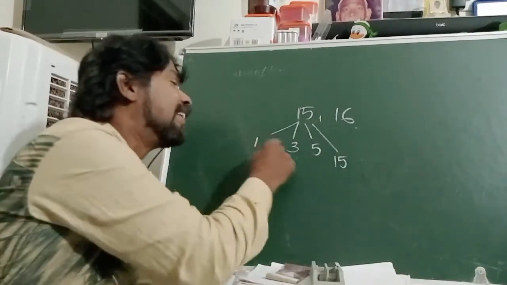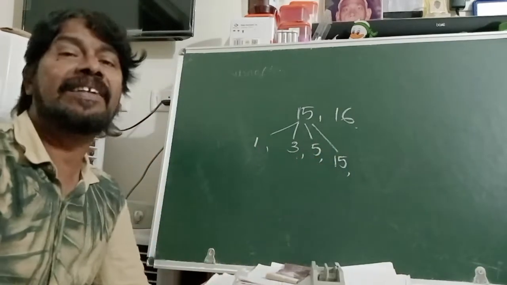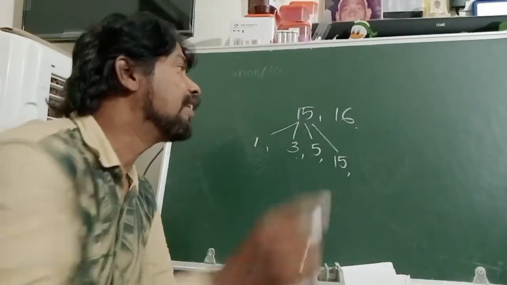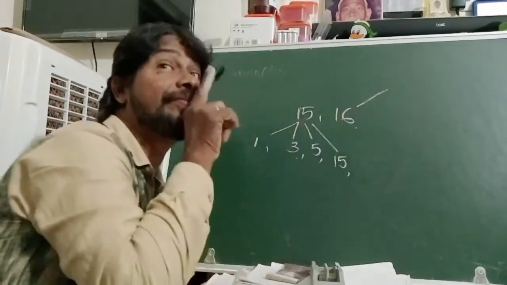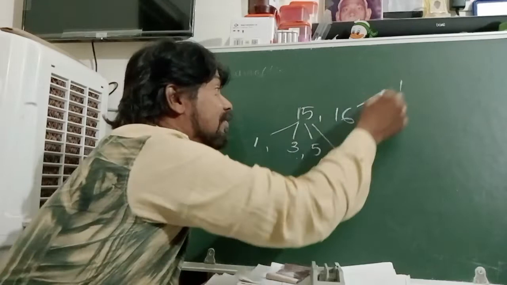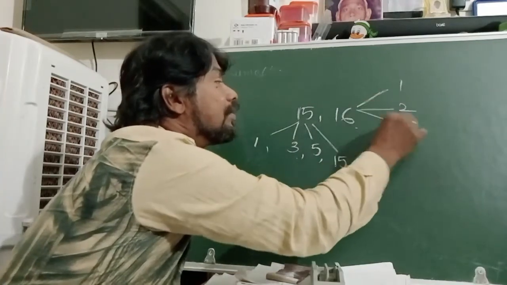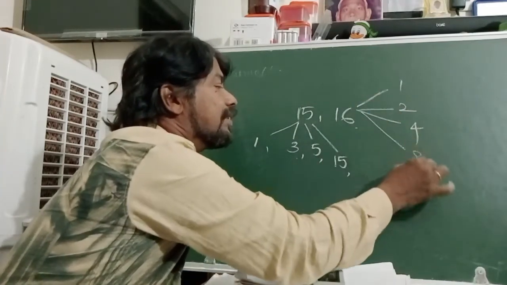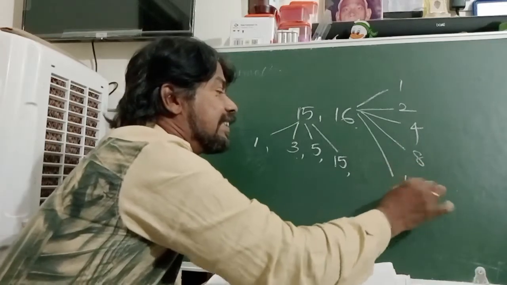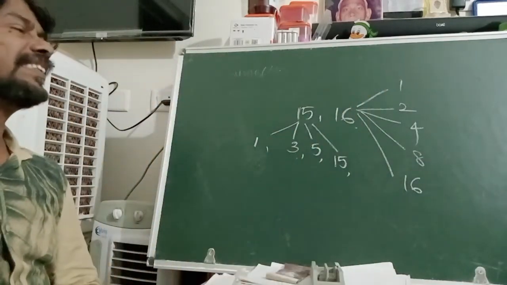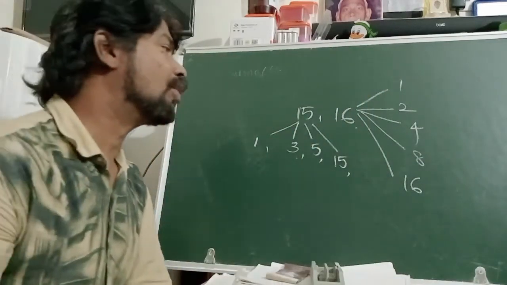So 1, 3, 5 and 15 are the factors of 15. Now if you observe 16, it is 1, 2, 4, 8 and 16. So the factors are 1, 2, 4, 8, 16.